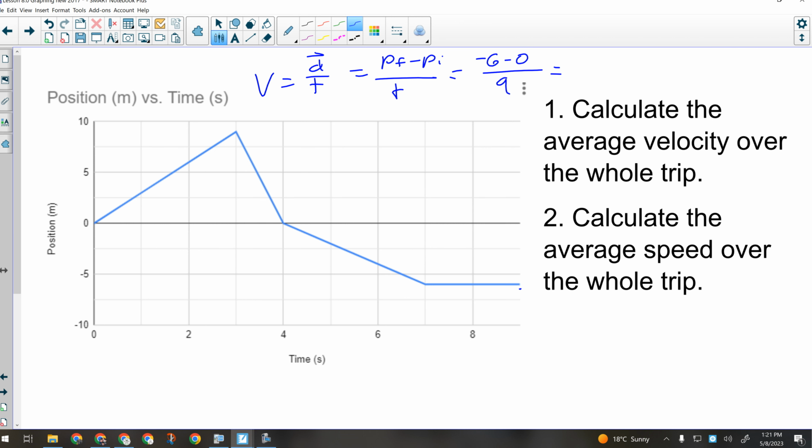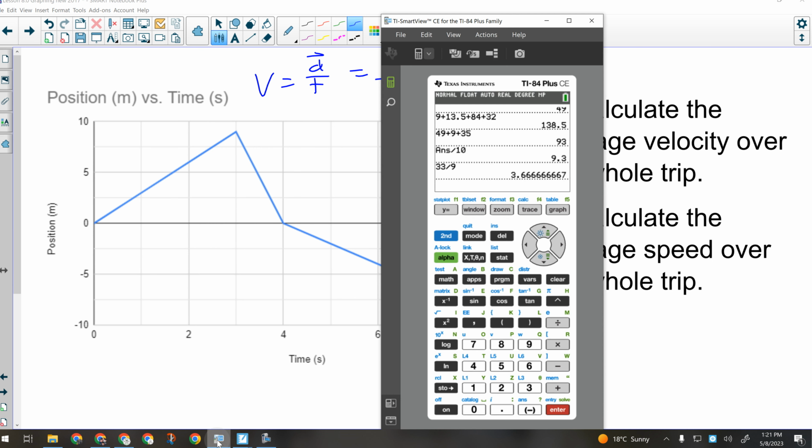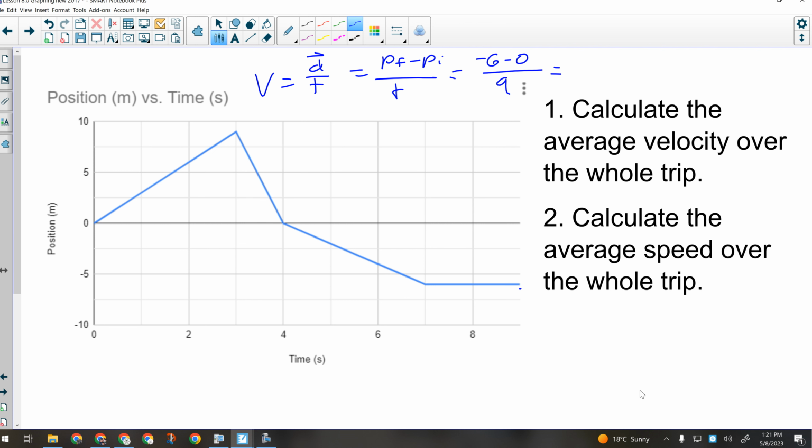We're going to get -0.67, right? As our average velocity over the whole trip.